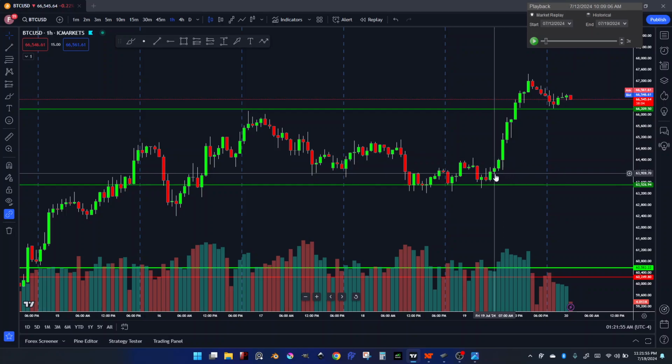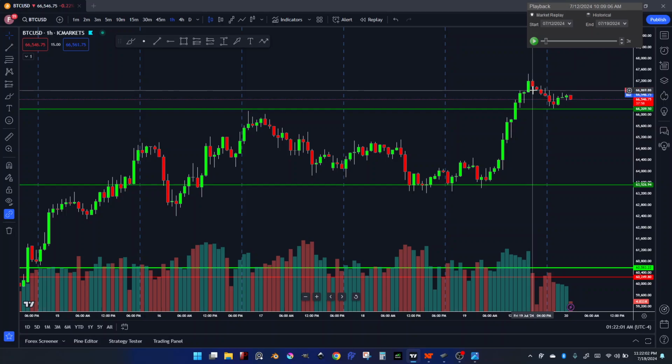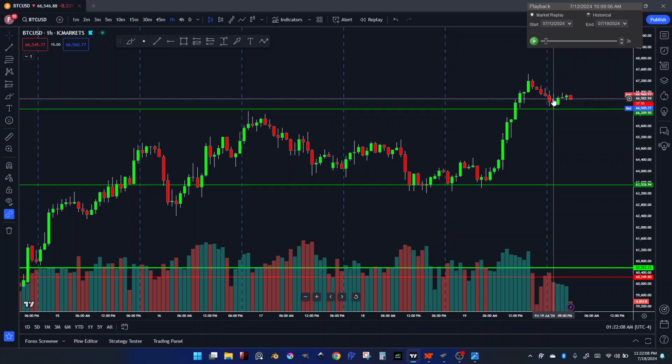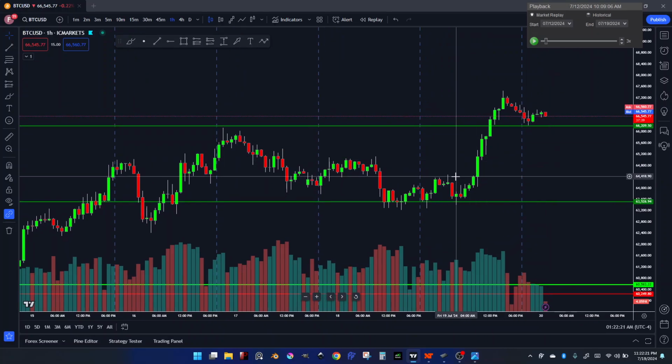Notice how the wicks are not broken at all until we get to this red candle here. Then that wick gets broken, and notice we travel down a little bit. Now we have the break up, so you could have gotten in long at this point, taking it up a little bit, but then we're starting to get an entry short signal here, so that would be a small win. But this would be an example in the 1 hour chart.